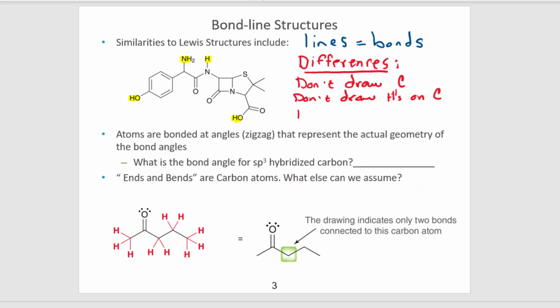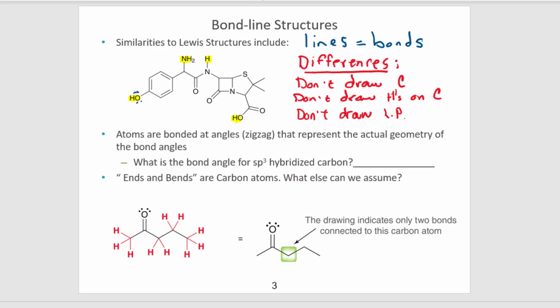Also, we don't draw lone pairs. Oof. Again, they're there, but we expect you to know the bond trend. Oxygen's bond trend is 2 bonds, 2 lone pairs. So for the oxygen far to the right, you have to assume that those 2 lone pairs are indeed there.